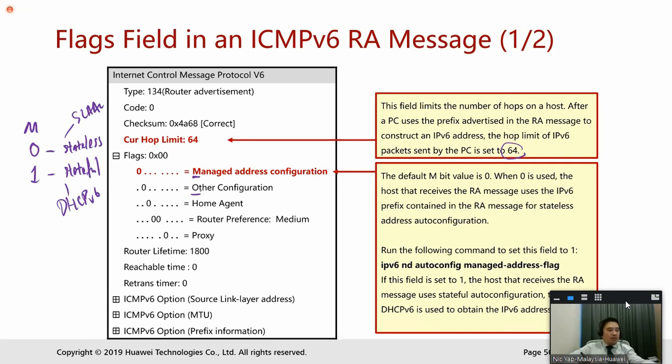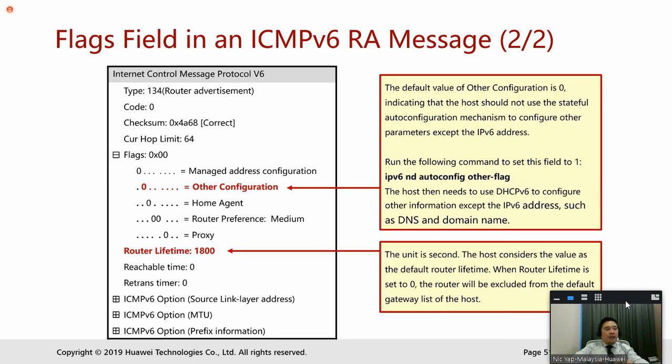We also need to be concerned about the O flag, the other configuration. On the next page, under the other configuration, the default value is 0. It indicates that the host should not use a stateful auto configuration mechanism to configure other parameters except the IPv6 address.